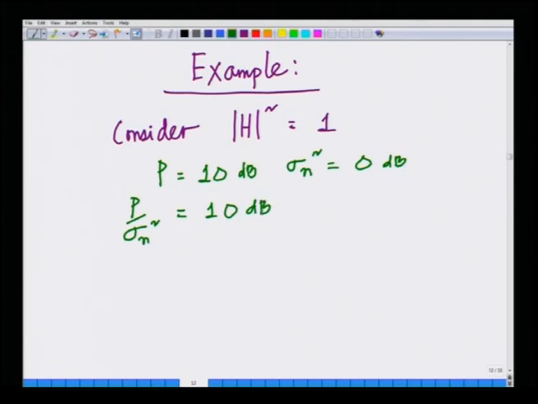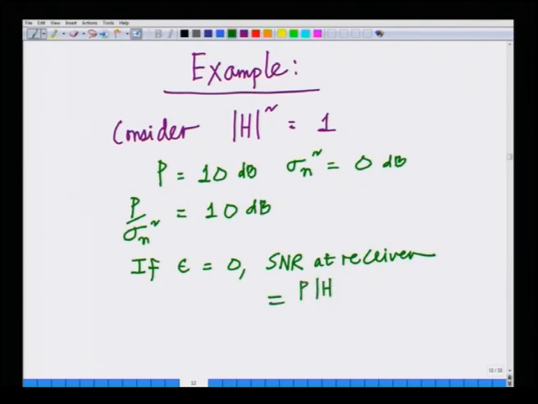10 dB. Okay. Now, in the absence of a carrier frequency offset, if epsilon equals 0, then we have SNR at receiver equals P magnitude h square divided by sigma n square, which is equal to 10 dB.